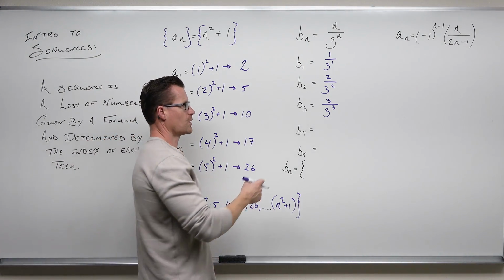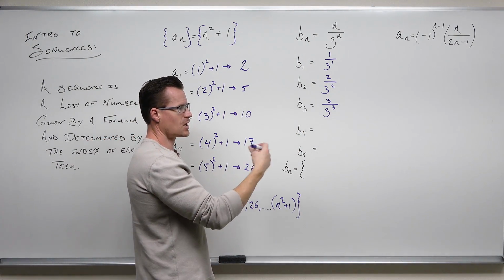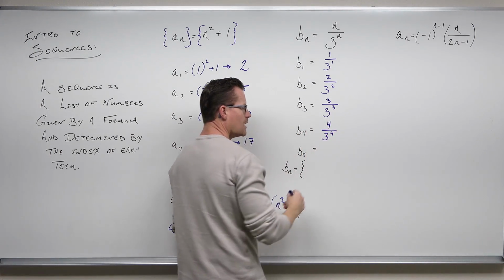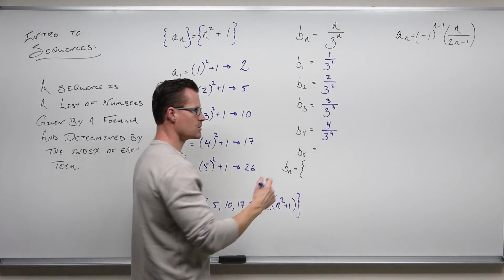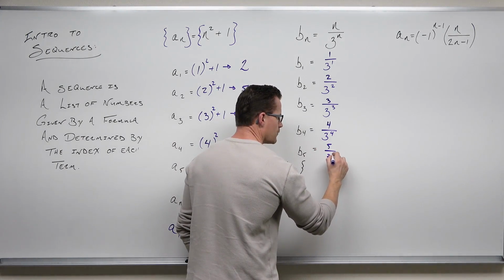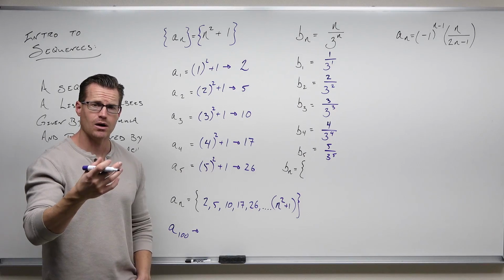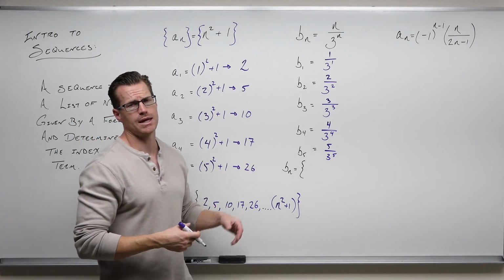How about the fourth term? So b sub 4 is how we say that. That would be 4 over 3 to the fourth. And you can see the pattern. The next term is going to be 5 over 3 to the fifth. The one after that would be 6 over 3 to the sixth, 7 over 3 to the seventh, n over 3 to the nth. That's exactly what that says to us.